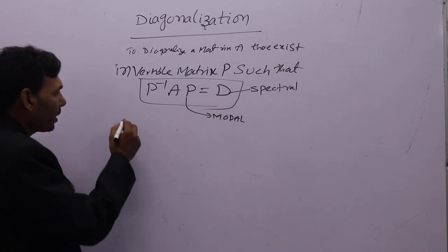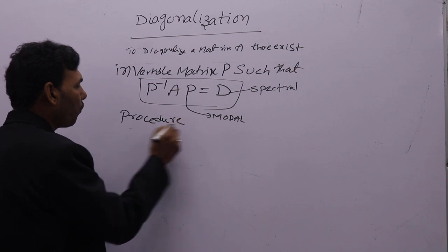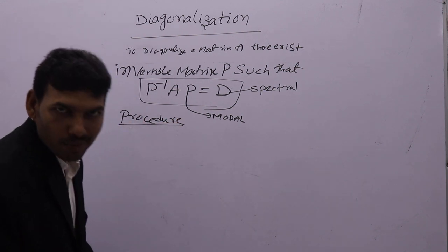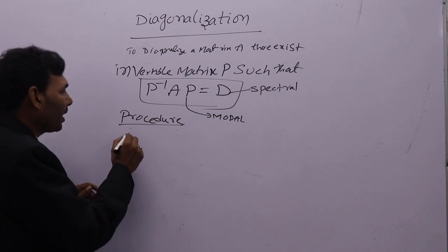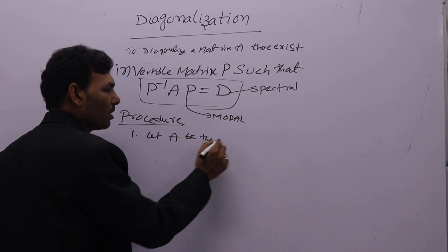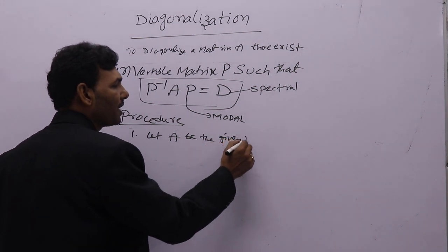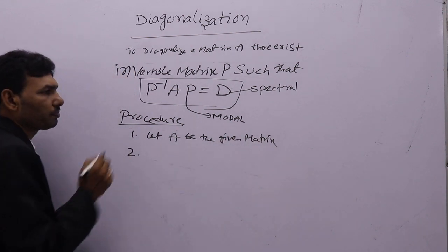So what is the procedure we are going to follow? I am discussing the procedure now. To diagonalize a matrix, let A be the given matrix.